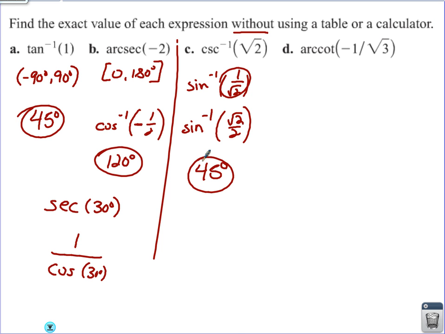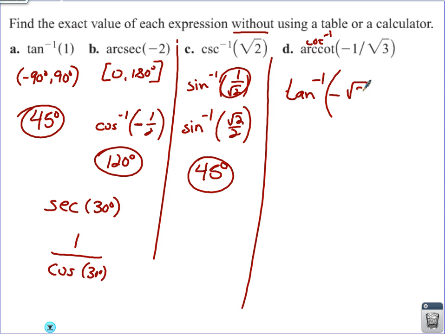And the last one, arc tangent, which is the same thing as the inverse arc cotangent, which is the same thing as the inverse cotangent. We're going to reciprocate and just find the inverse tangent of, I'm glad they did that, aren't y'all? Negative 1 over root 3, we reciprocate that to negative root 3. Tangent is defined from negative 90 to positive 90. So what quadrant are you going to be in here?